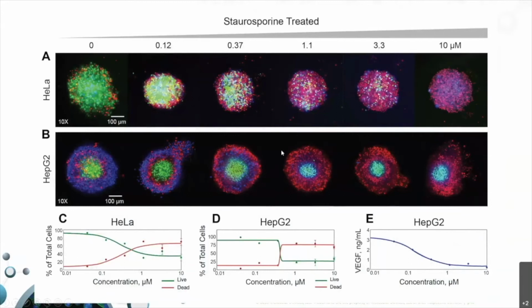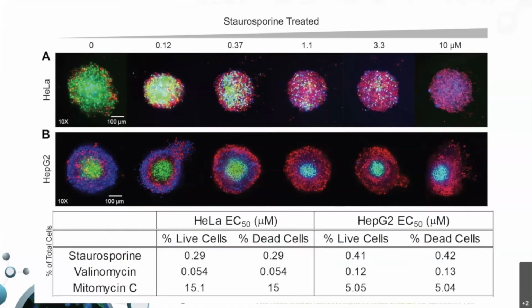So you can see dose response changes, an increase of dead cells and a decrease in live cells, which you can plot using a 4-parametric curve and define EC50s for live and dead cells. In addition, you can collect supernatants from these cultured cells and define secreted factors, in this case, VEGF. So for the different compounds which we have done treatment for, we defined EC50s for live and dead cells.